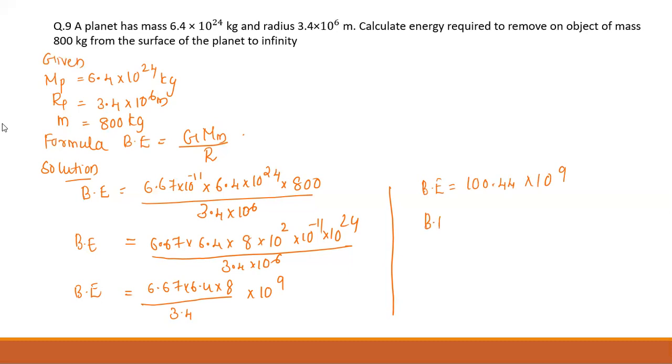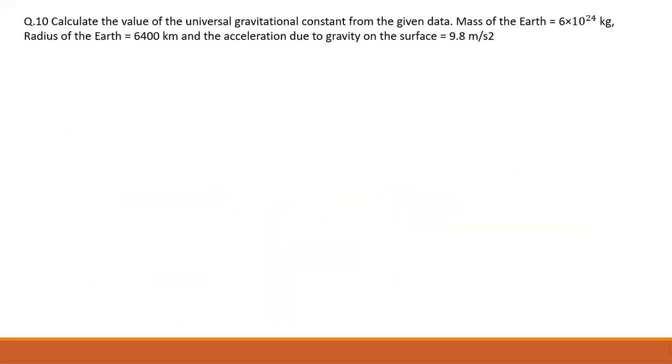This we can write as 1.004 into 10 raised to 11 energy. Energy unit is joule. So this is the energy required to remove an object of mass 800 kg from the surface of the planet. I hope the sum is clear to you. Let us solve the next question.